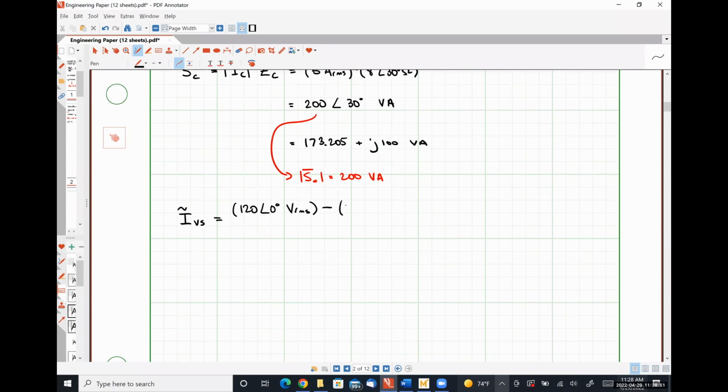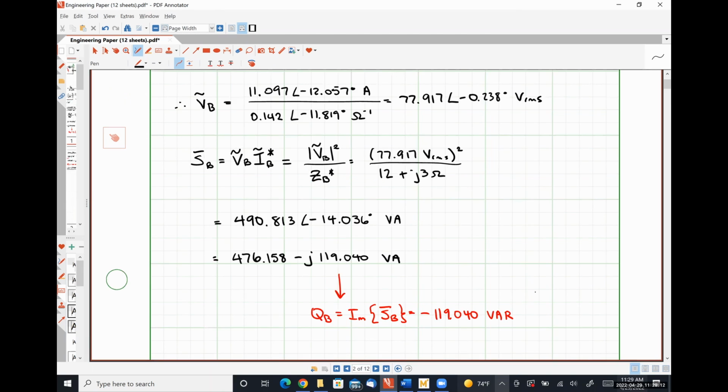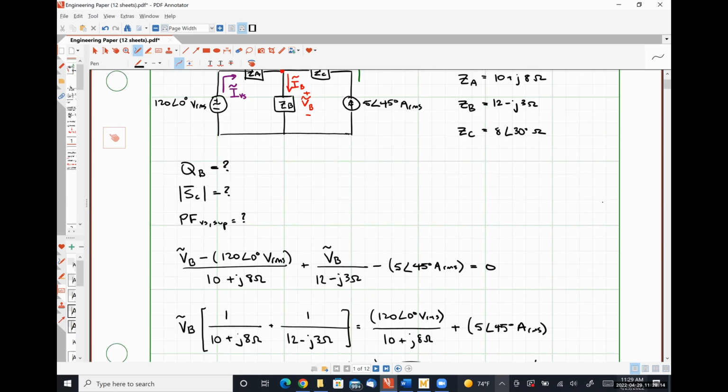77.917 angle negative 0.238 degrees volts RMS, all divided by ZA, which would be given by 10 plus J8.